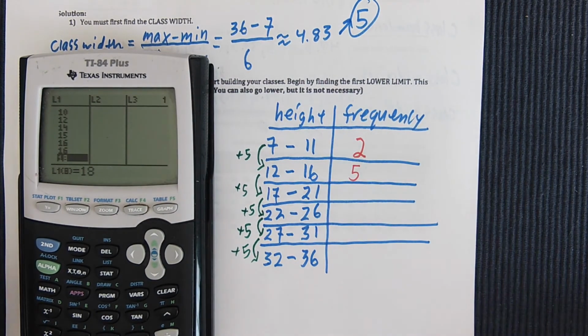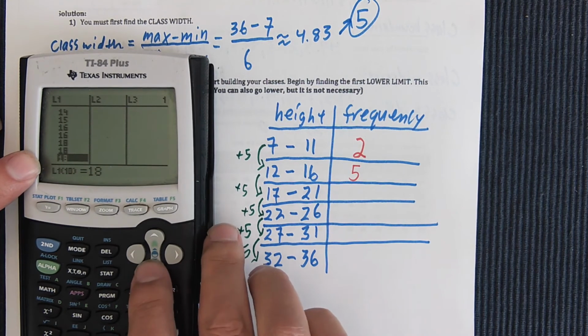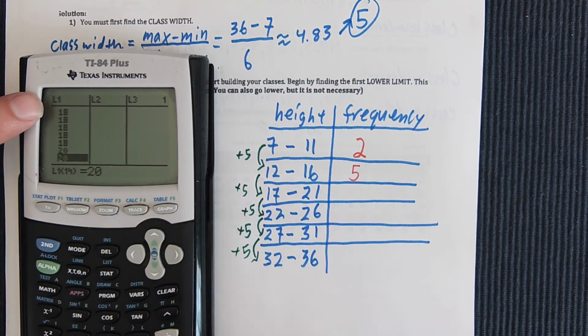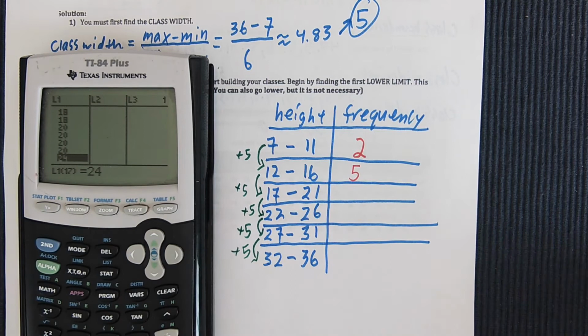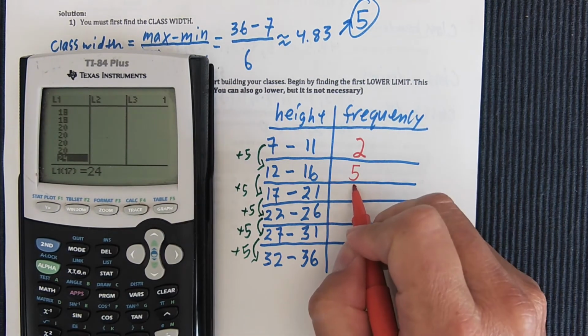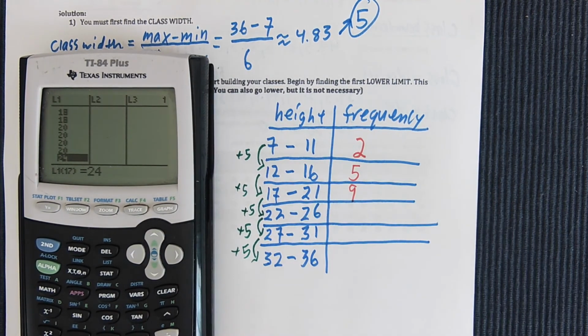Between 17 and 21, let's scroll up a little bit. 1, 2, 3, 4, 5, 6, 7, 8, 9. Looks like 9. Hopefully you're counting along with me with your calculator.